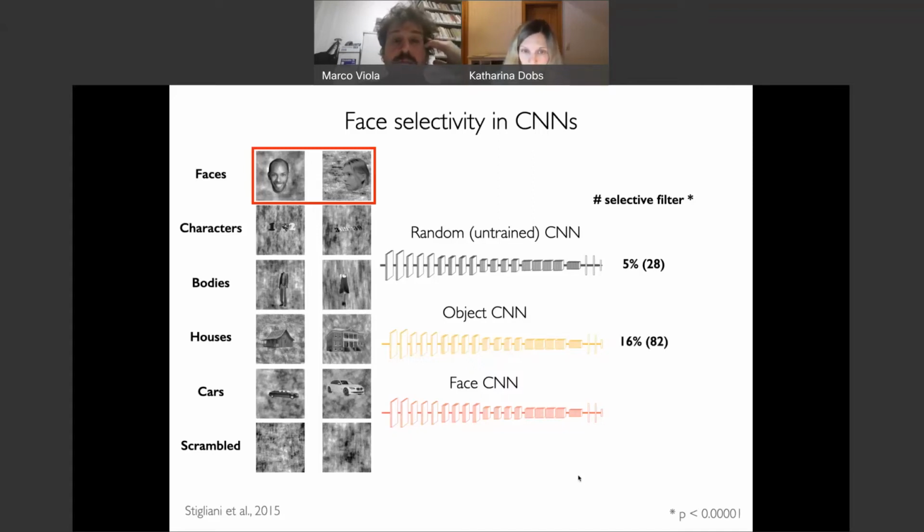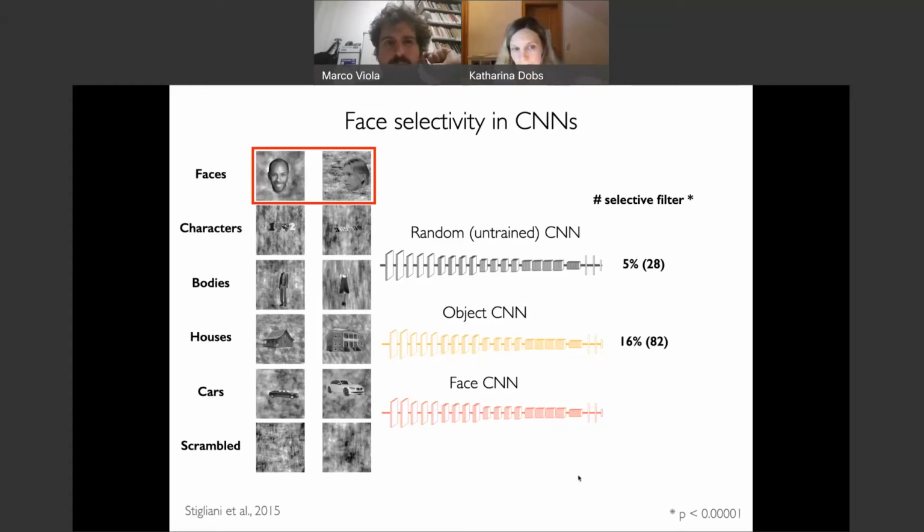In the object-trained CNN, this number increased. Here we found 82, so 16% of the filters were face selective. So even training on objects seems to increase your likelihood that you have face selective filters, probably because faces are also useful information to categorize different objects from each other.